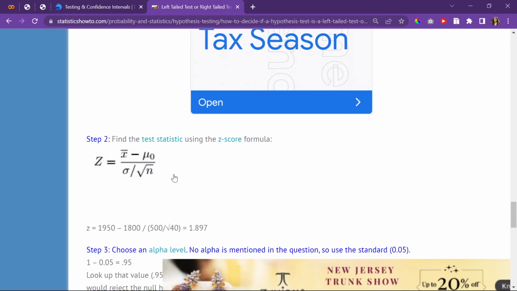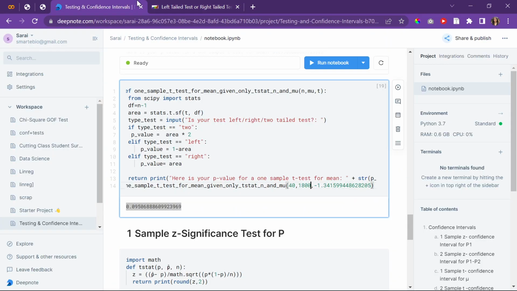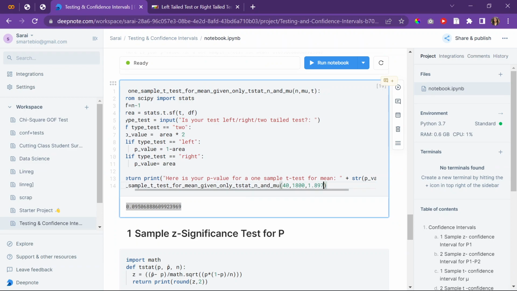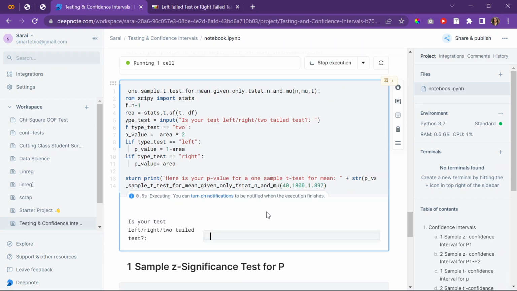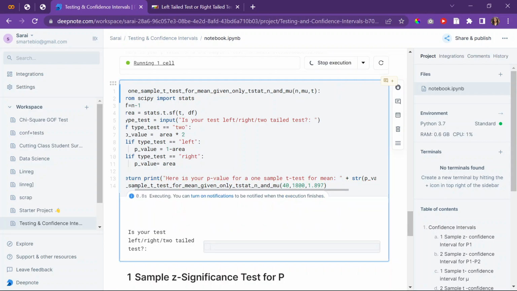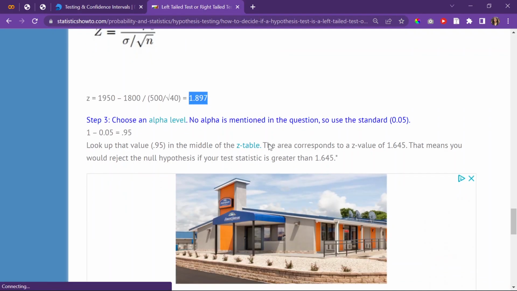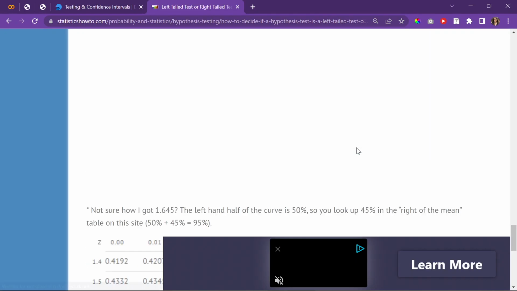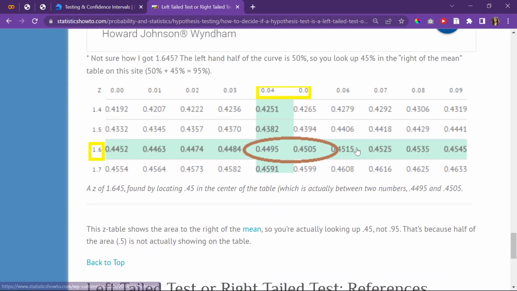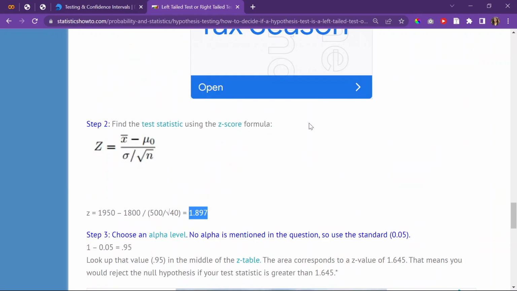I need it to be a T. It's a right-tailed.